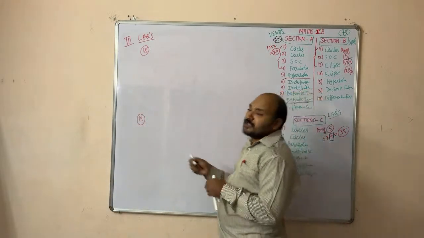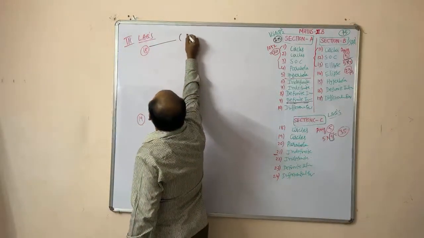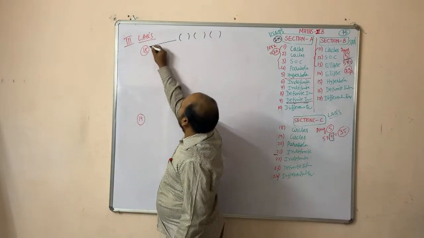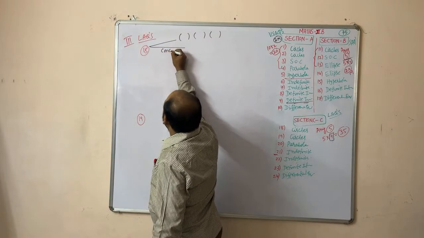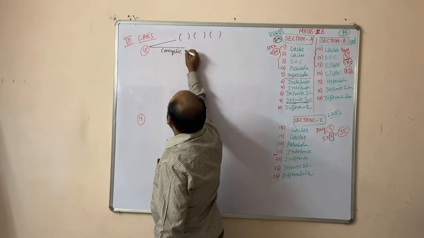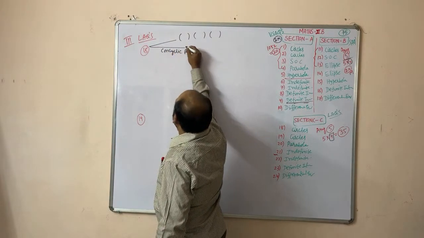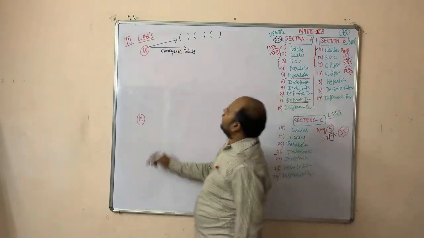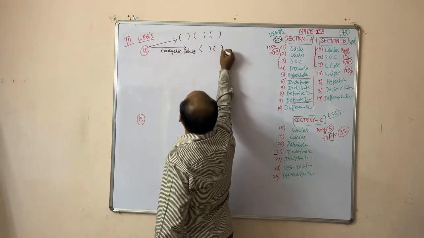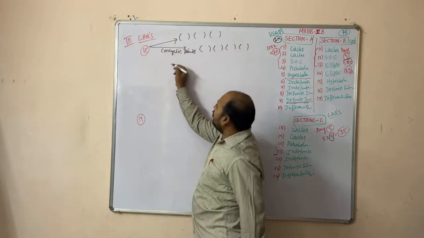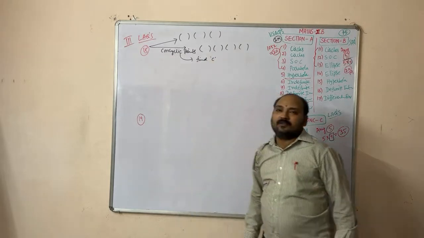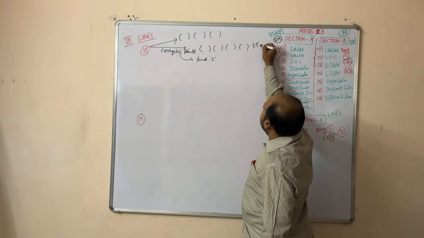Question number 18. Find the equation of circle passing through 3 points. Concyclic points, 7 marks category. So they are asking to prove concyclic. In the concyclic also find C question. Find C. Here show that the points are concyclic.